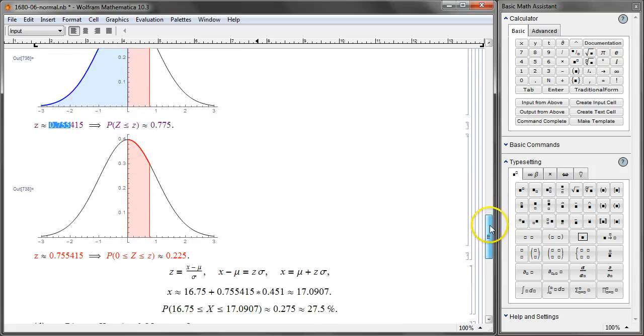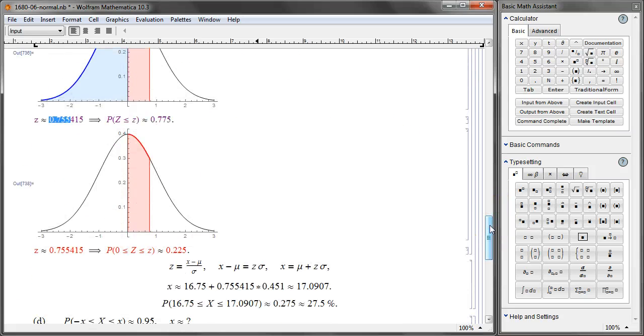Alright, how do you calculate your x value from here? Well, z is x minus mu over sigma. Solving for x, you get that, and then that, and then here's the computation.